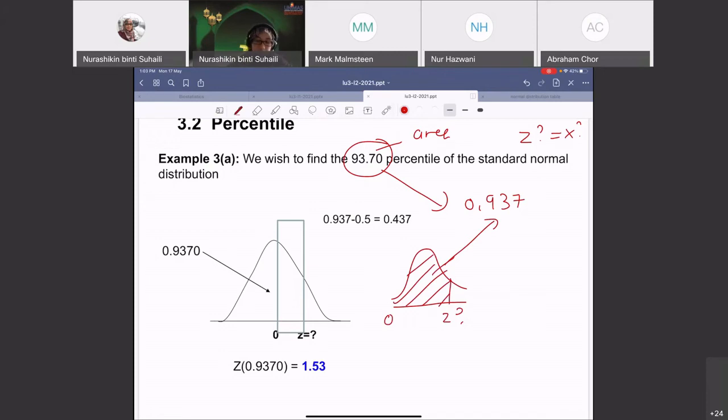How do you find it? You just divide it into 2, and we know that this is 0.5. So this area is supposed to be 0.937 minus 0.5, which is 0.437.